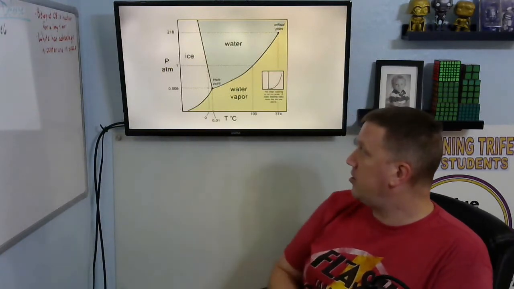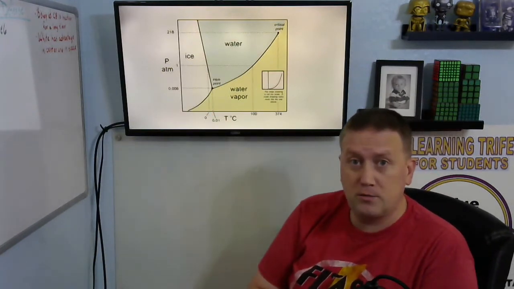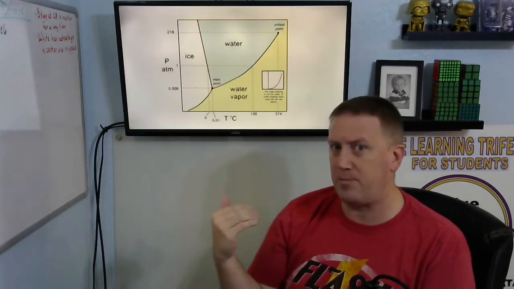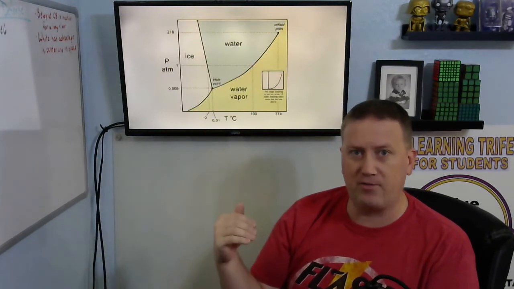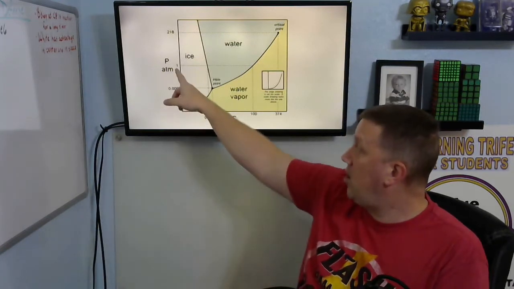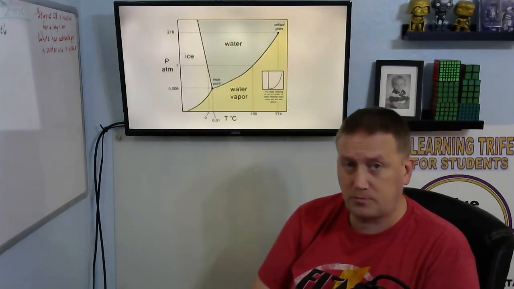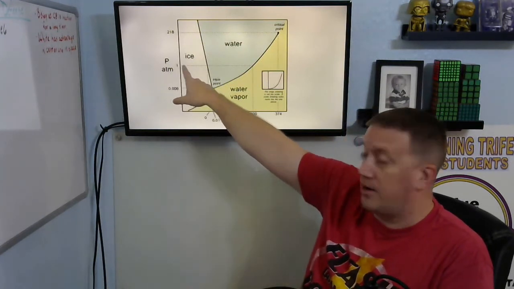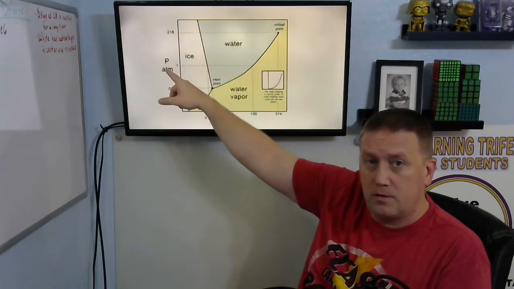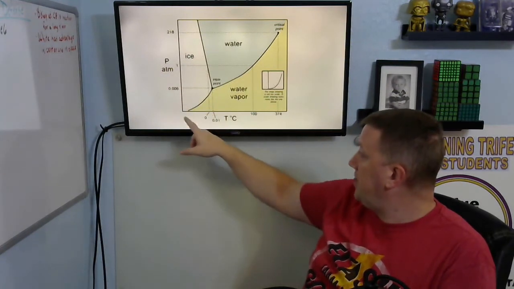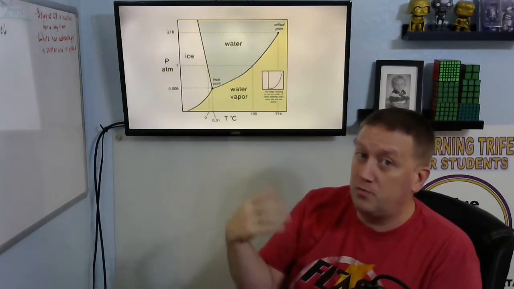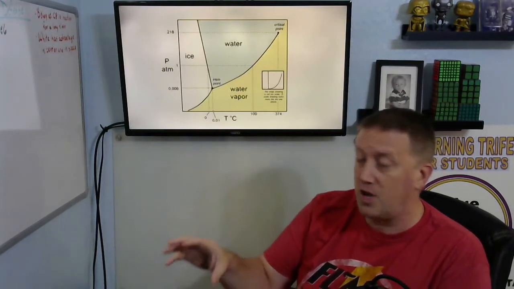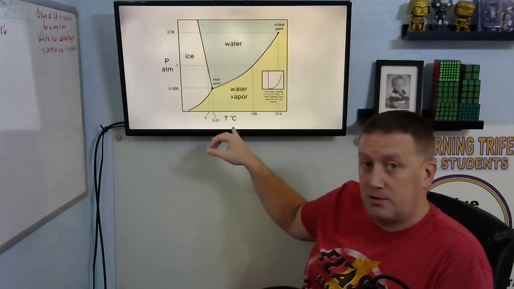So with water, the pressure that we feel from the atmosphere at sea level is what we call 1 atmosphere. So 1 atmosphere is right here. Now, temperature down here, keep in mind we use Celsius instead of Fahrenheit.